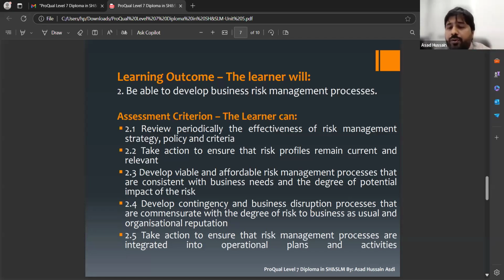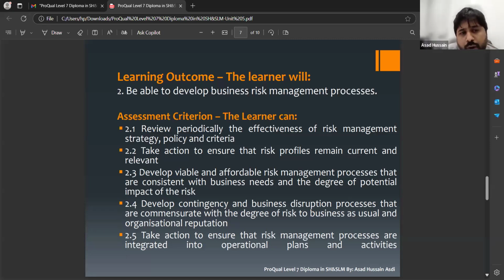So they have to produce evidence confirming the periodic review, how effective they are. They have to produce evidence of their review meetings or review discussions, which confirms that they have reviewed the effectiveness of risk management strategy, policy, and criteria.